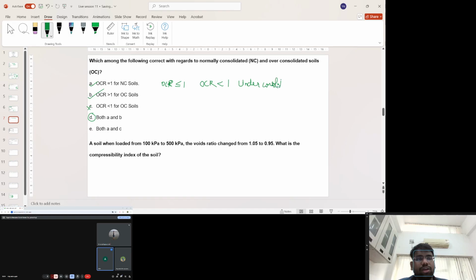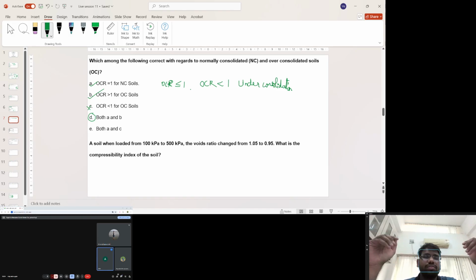But if you see, while we do the calculations using the e versus log sigma dash curve and we use Cc and Cs, in this case we apply the criterion of whether the total applied stress is greater than the pre-consolidation stress or less than the pre-consolidation stress.